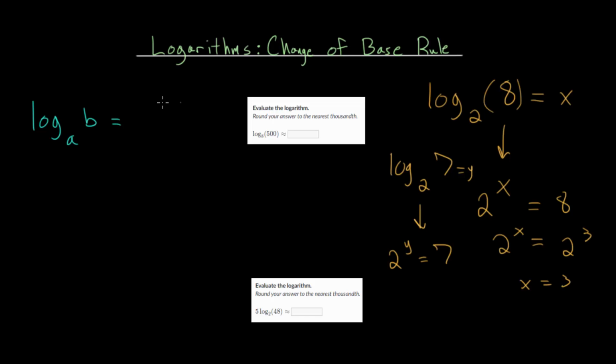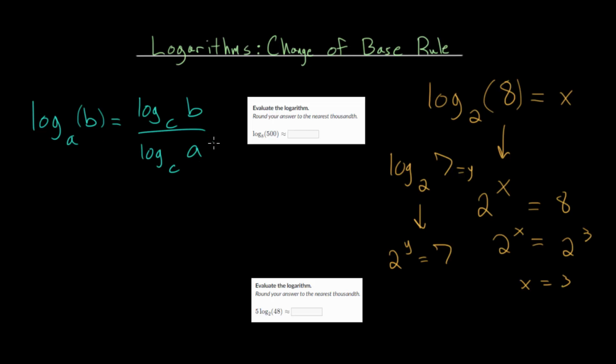Let's call it base c for now. So this will be equal to log base c of b, the input of the original logarithm, divided by log base c of a, our original base.